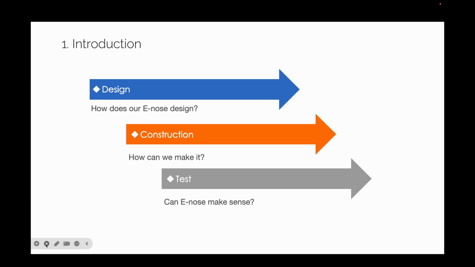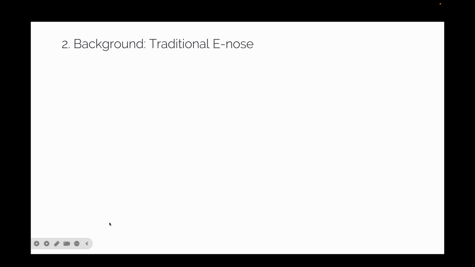And then it's part 2, background. The traditional electronic nose simulates the human sense of smell and enables gas recognition through a gas acquisition sensor array and a data analysis model working together.